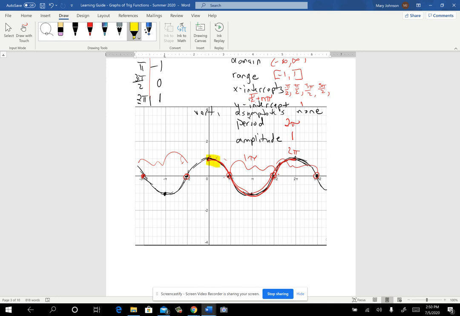You see how if I highlighted this region, a horizontal line would cross what you see in yellow in just one spot? So from 0 to π is how I want to restrict the original cosine graph so that the inverse cosine would turn out to be a function. Okay. All right, let's look at tangent.